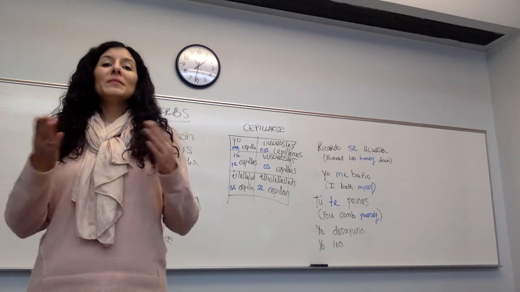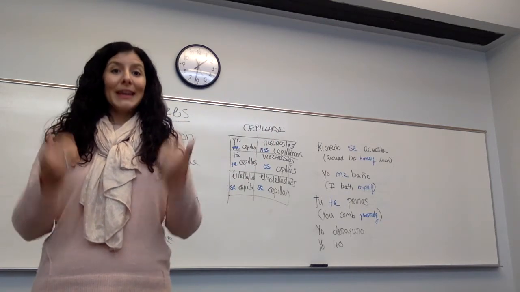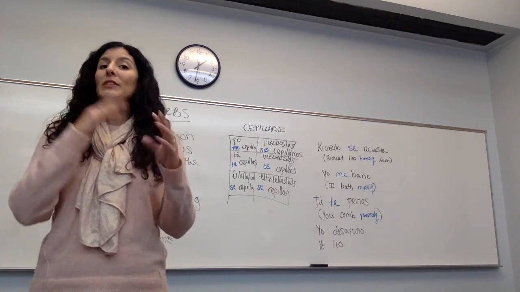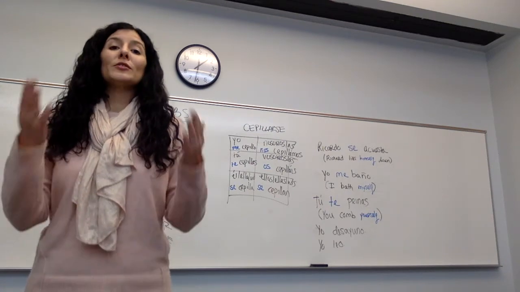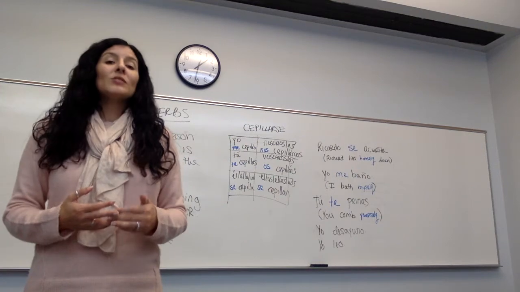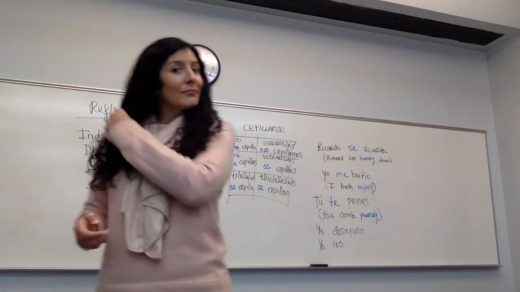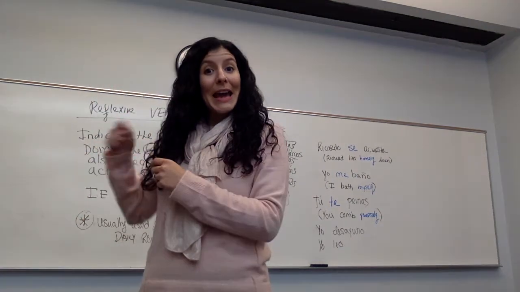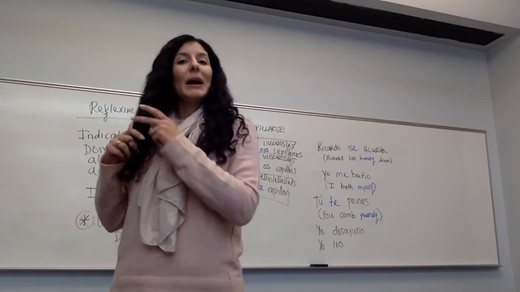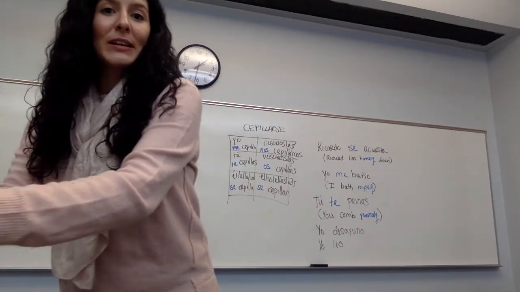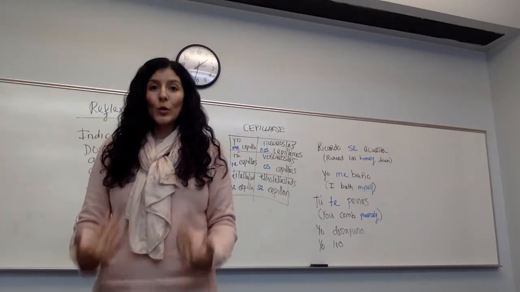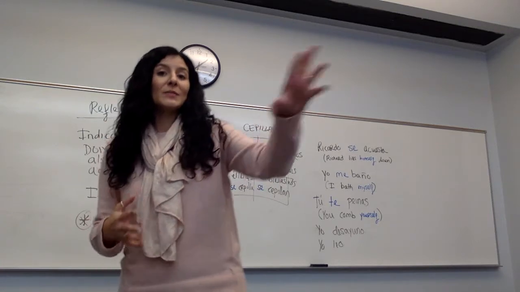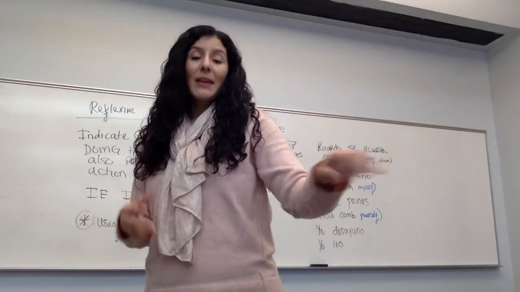So the reflexive part is there to indicate that whoever is doing the action is also receiving the action. So it's like saying, I'm brushing my hair. I'm not brushing someone else's hair. I'm brushing my own hair, or he is brushing his own hair.